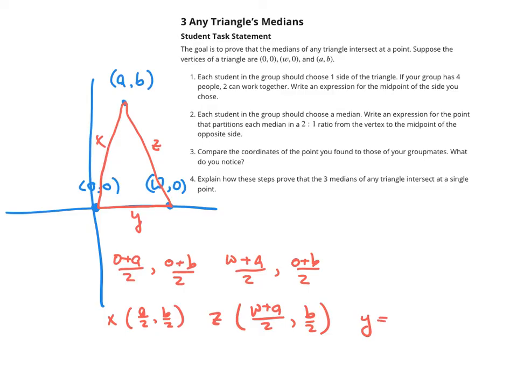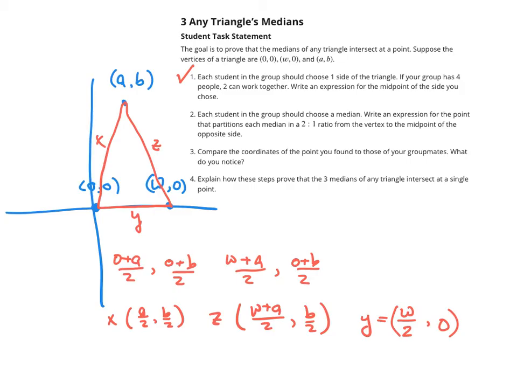Y is going to be W over 2 and 0. Okay, so each student writes an expression. Okay, there we go. Finished, and, oh, nope, we only did part 1. My bad. So we did this midpoint for each side.